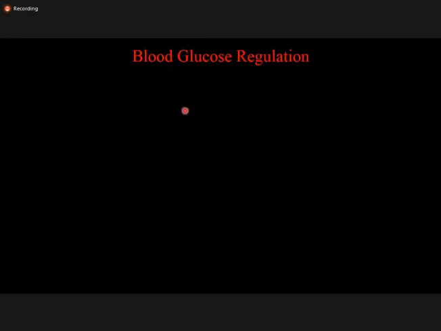So we have two sets of factors which help in the regulation of blood glucose. Before we jump to the discussion of how it is regulated, we need to understand the levels of blood glucose concentration in different states.